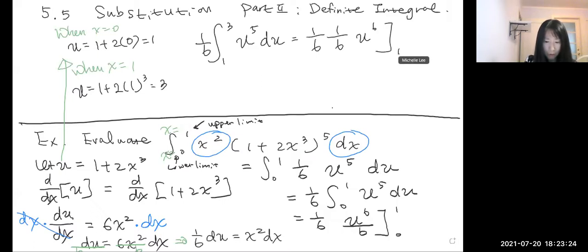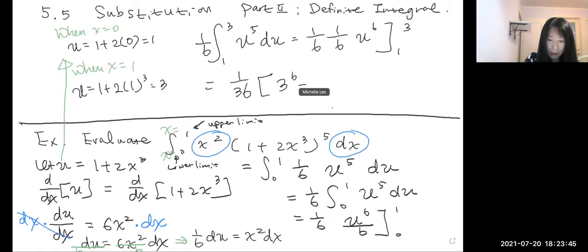And from 1 to 3, right? Then we get 1 over 36. We don't substitute back to u, right? So we have 3 to the 6th power minus 1 to the 6th power. I think we get the same answer, right?